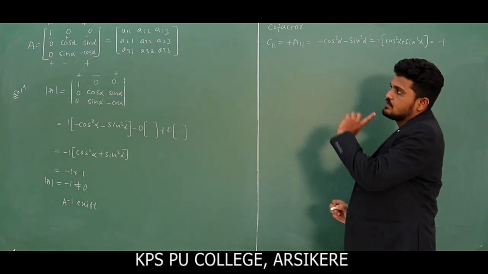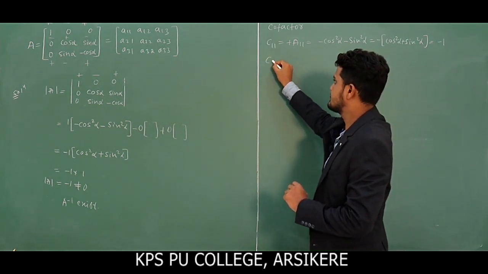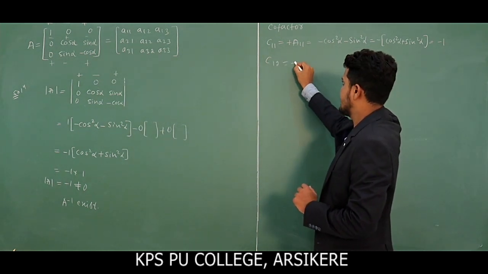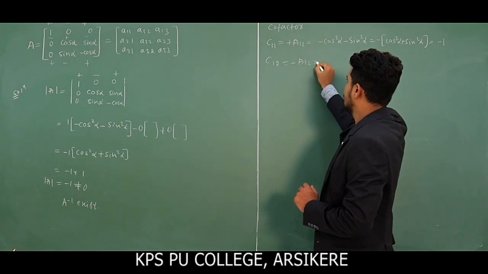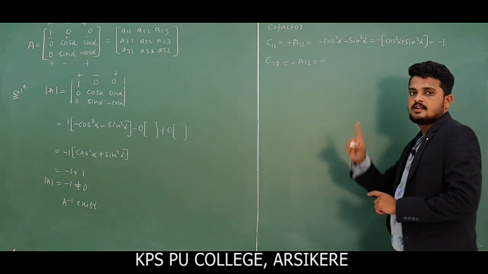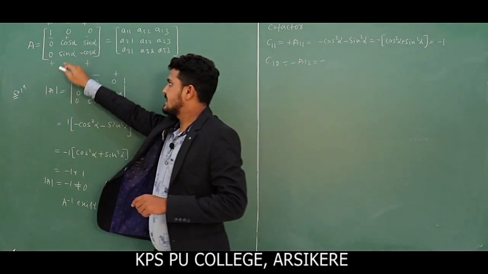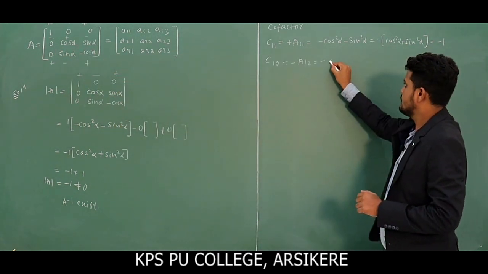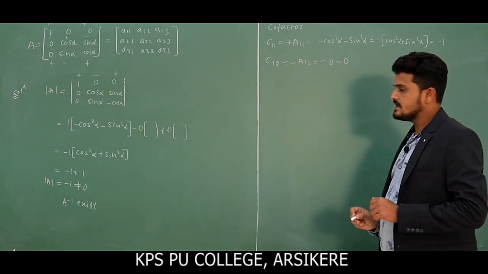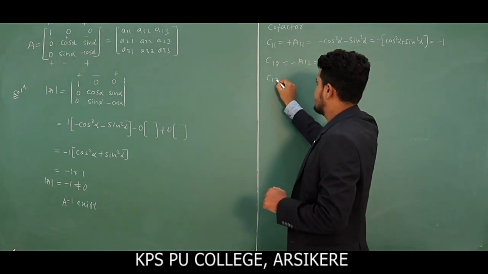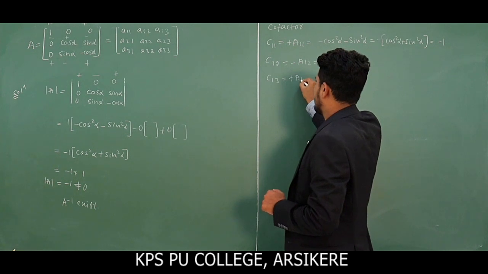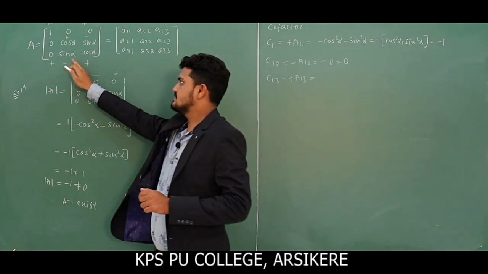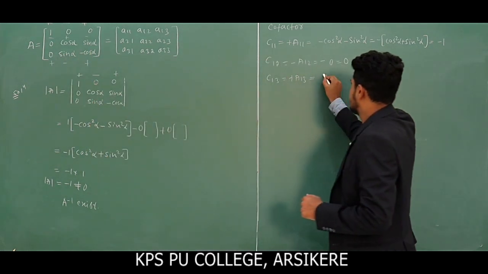Next, C12 is the sign minus of A12, so minus of, eliminating first row, second column: 0 into anything is 0, 0 into anything is 0, so C12 is equal to 0, right? Next C13: sign plus of A13, eliminating first row, third column: 0 into sin alpha is 0, 0 into cos alpha is 0.